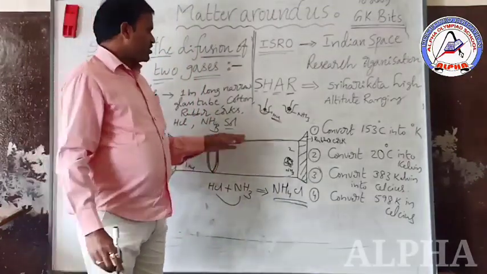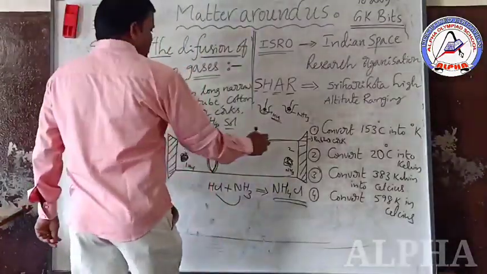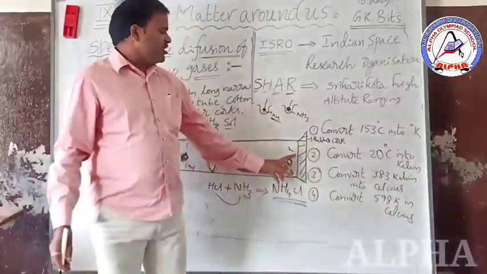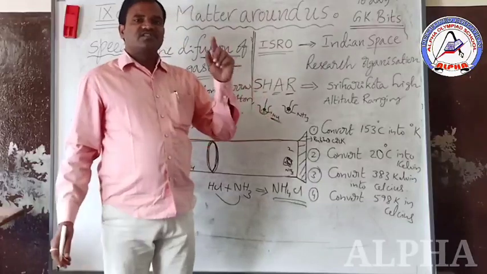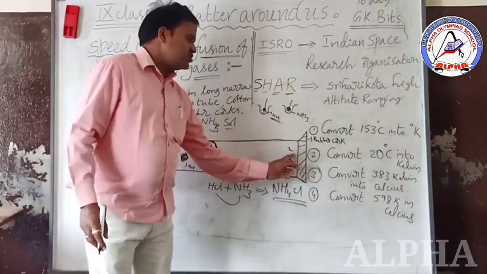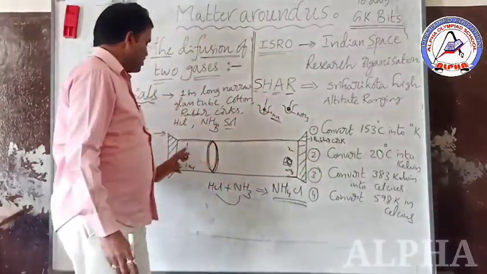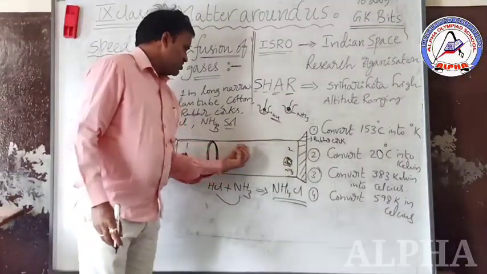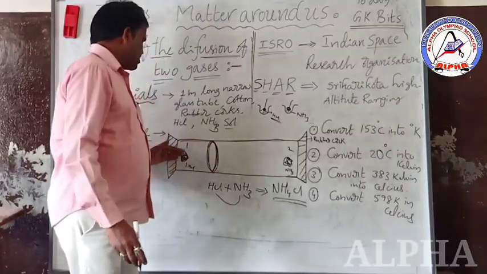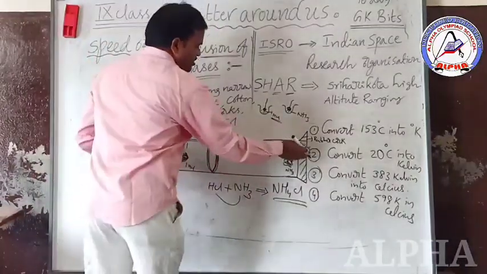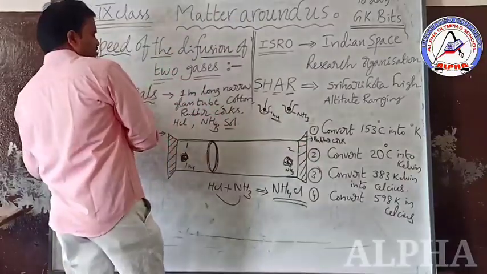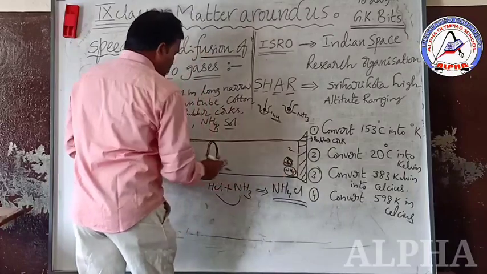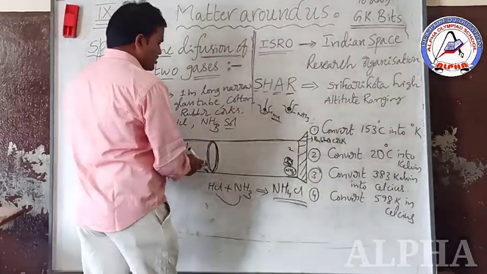Which gas has more speed? The ammonia gas has more speed. That's why ammonia gas diffuses faster than HCl. That's why the ring is formed on the side nearest to HCl, because ammonia comes faster to this side. So the speed of the ammonia gas is more than the hydrochloric acid gas.